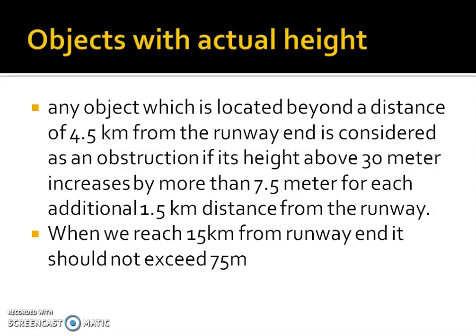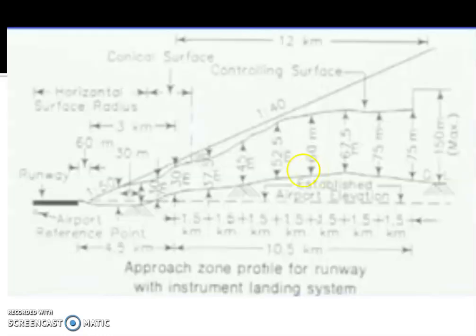Objects with actual height is another type. So far we have seen all the imaginary parts; this is with the actual height. Up to almost 4.5 kilometers from the runway, obstructions should not be there. If it is above 30 meters, we have to remove it, or increase the space between that structure and the runway. This is what is shown here.